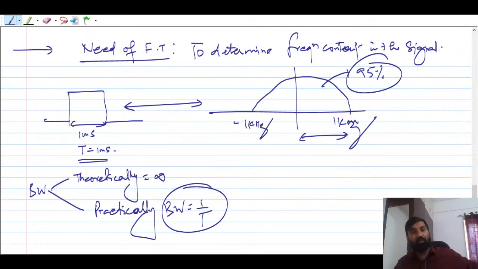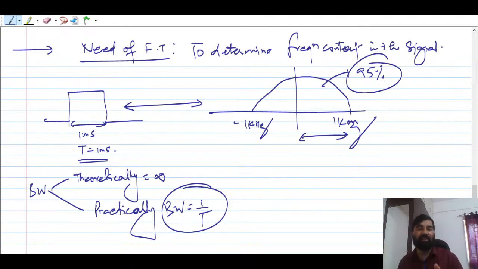As I told you, being limited in one domain corresponds to expansion in the other domain. At the same time, a signal cannot be time limited as well as band limited.